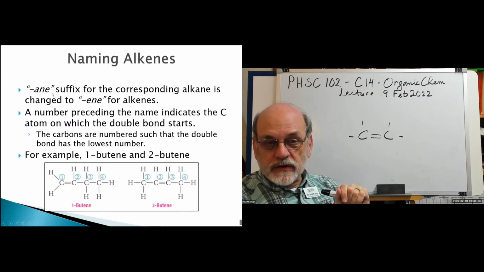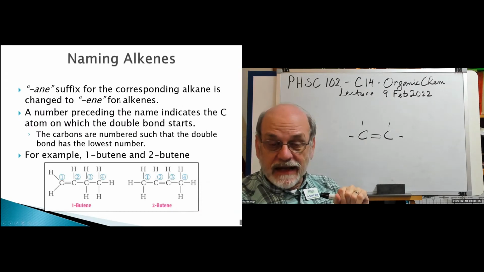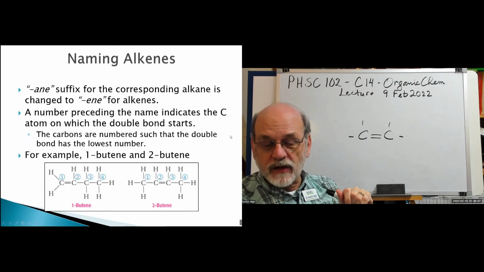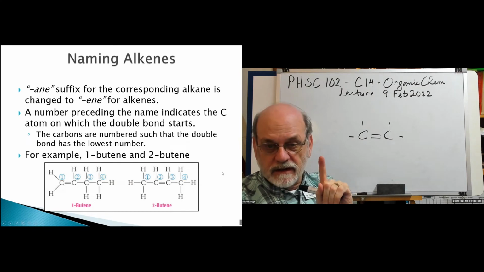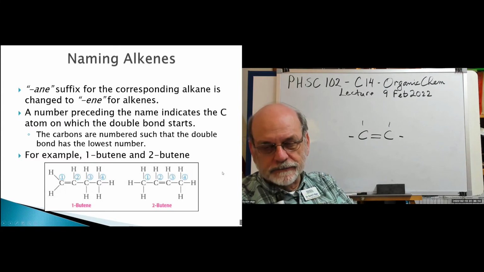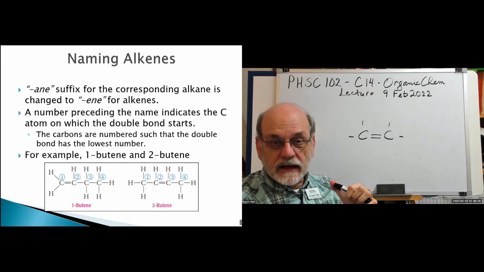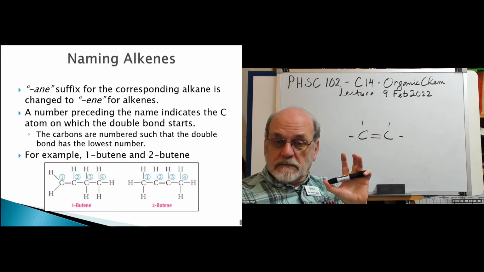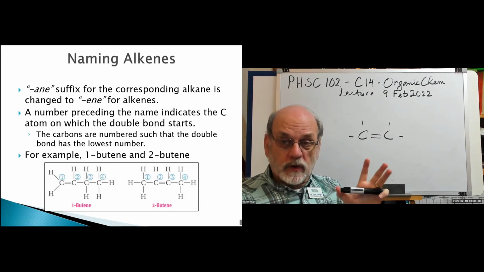And all we have to do is change the ANE to ENE on the end of an alkane, and we get an alkene. If there's 1 double bond formed. Now, you can have more than 1 double bond in an alkene.